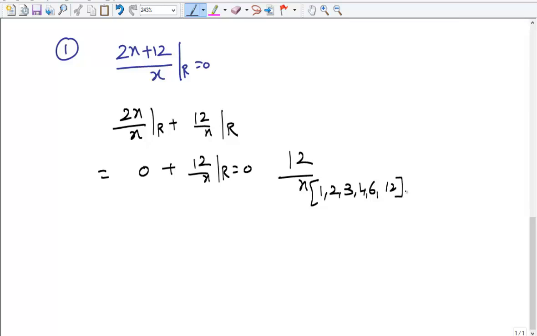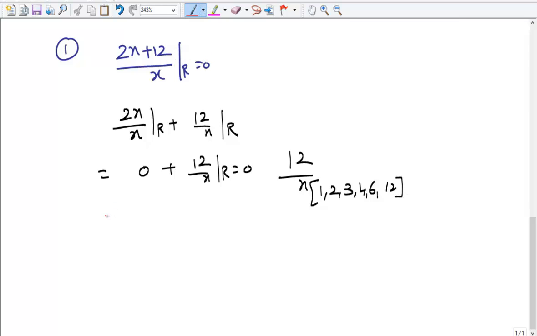Then how can we approach it? Let's check these divisors: 1, 2, 3, 4, 6 and 12. The multiple for 1 is 12, for 2 it is 12, for 3 it is 4, and so on. For every number, 12 is a multiple of these divisors. In return, all these divisors are factors of 12. So if you can identify the factors of 12, that is very, very easy.